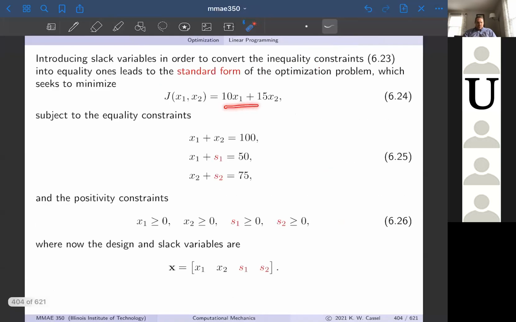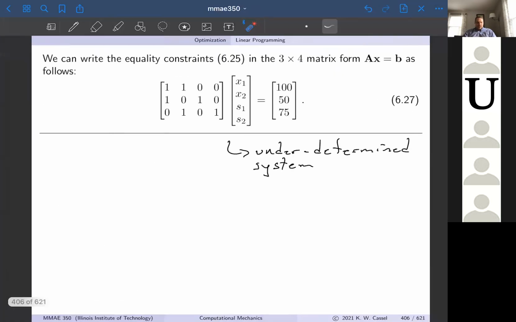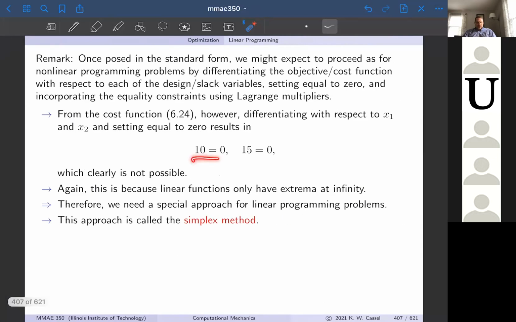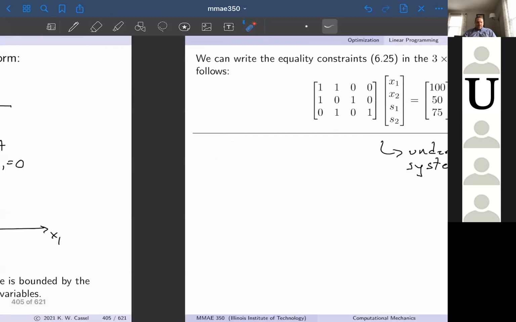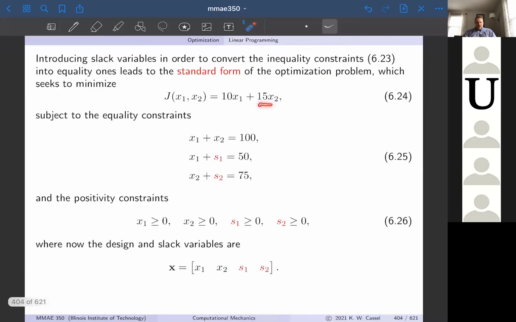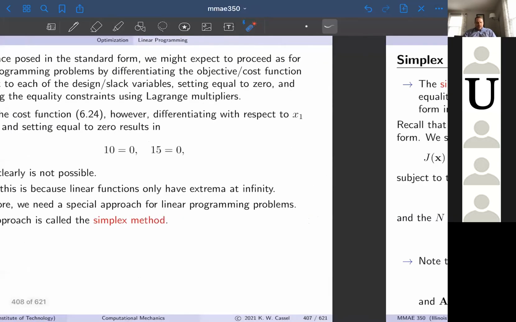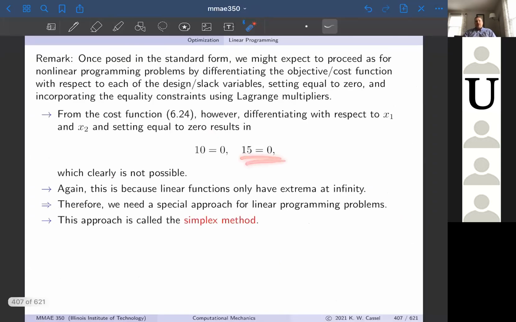All right, we'll flip back and see what that is. So I have 10x1 plus 15x2. So what's the derivative of that with respect to x1? Well, it's 10. So that says that 10 has to equal 0. Well, that's obviously not true. Likewise, differentiate with respect to x2, and you get 15 is equal to 0. So clearly, that's not getting us anywhere helpful at all.